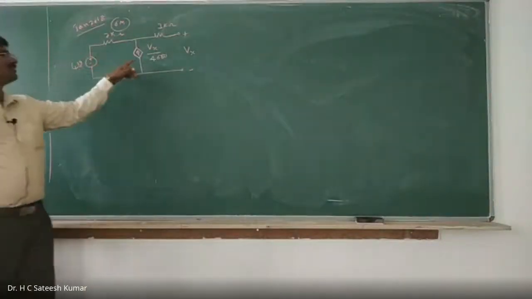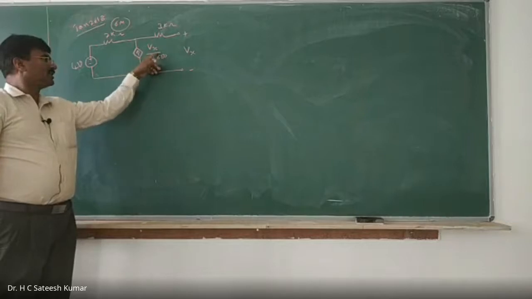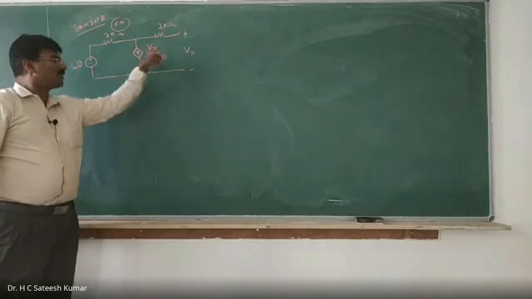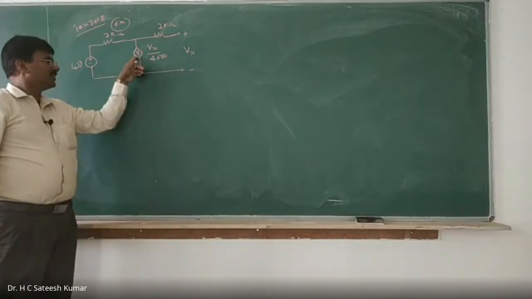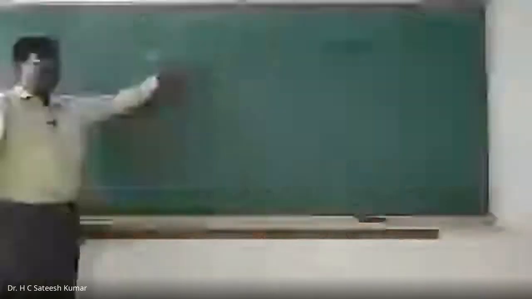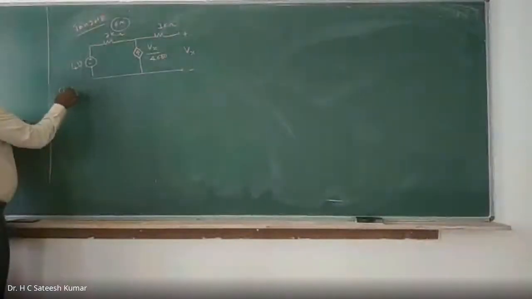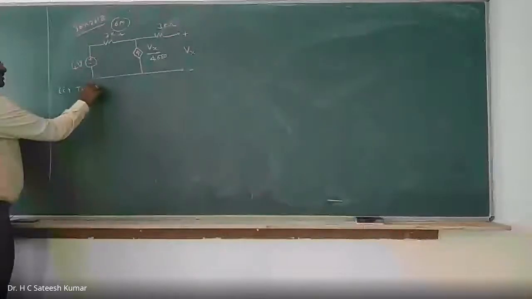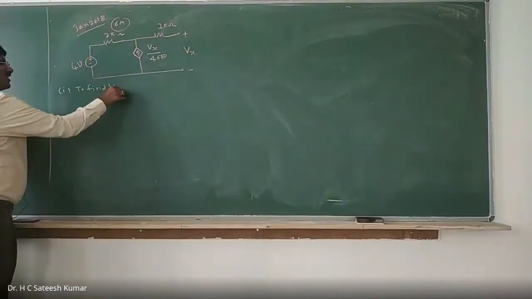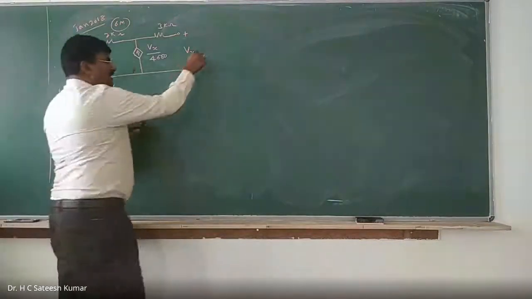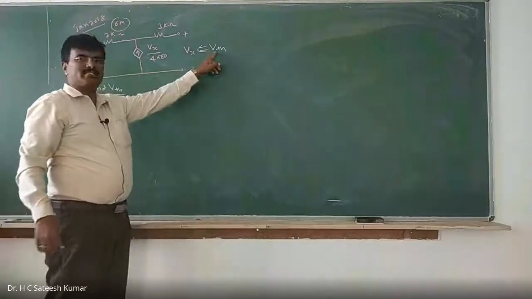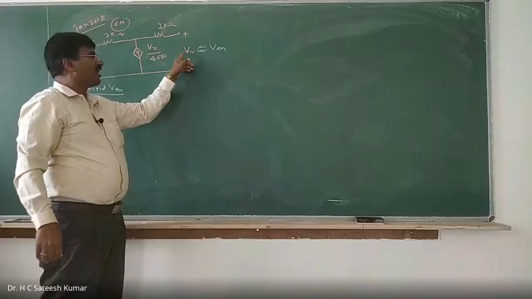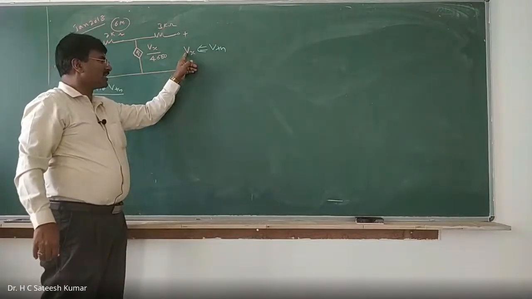Now, see that this is a voltage dependent current source, which is depending upon the open circuit voltage. To find VTH, carefully observe that the open circuit voltage is Vx, and that itself is VTH.